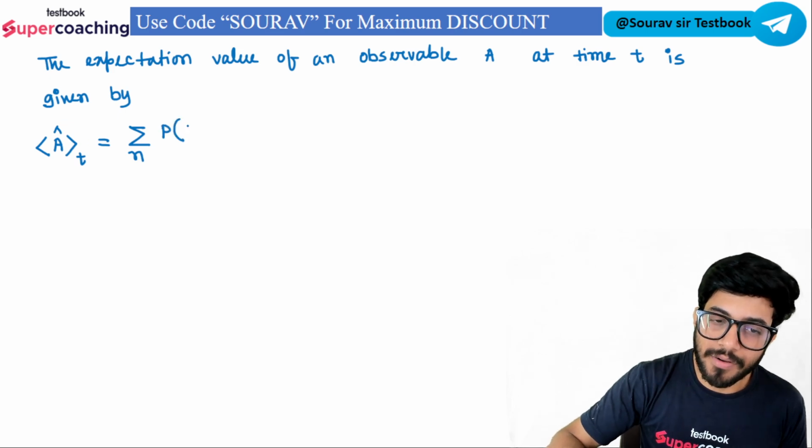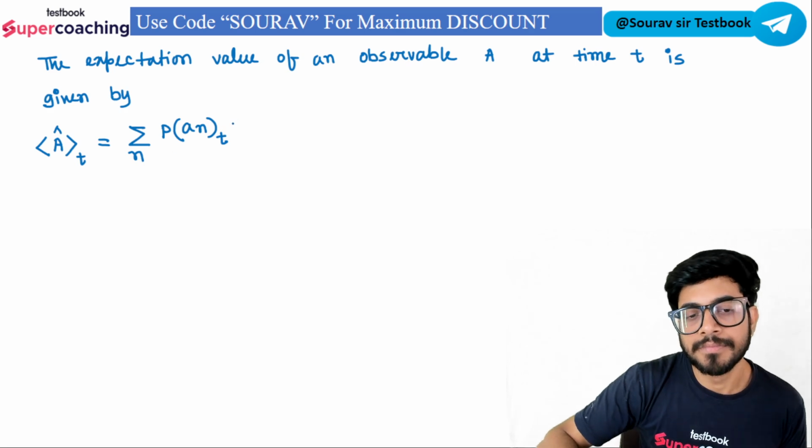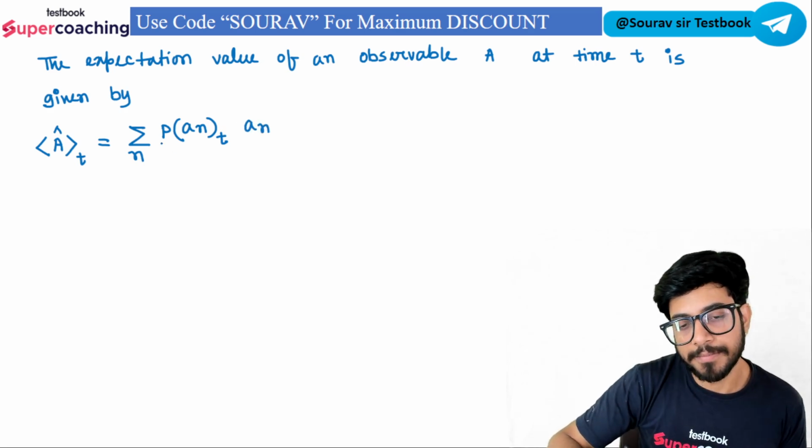the probability of getting the eigenvalue an at time t, times an. That's all.